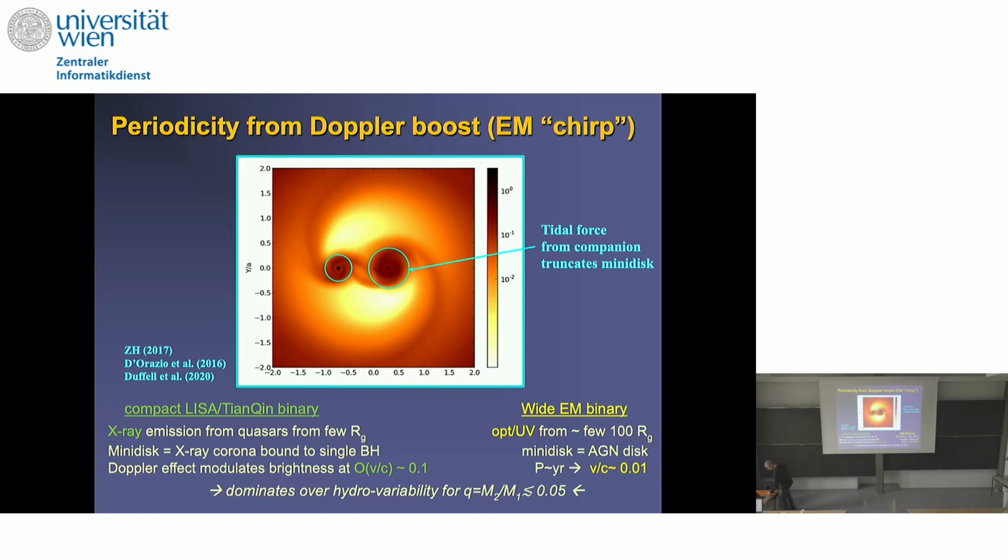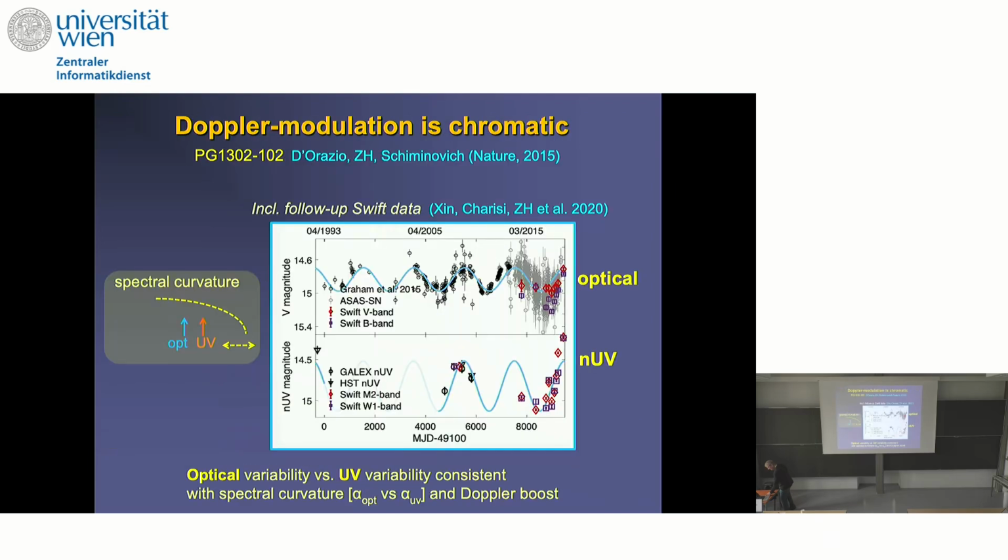The great news is that this effect depends on the spectrum. So this you can actually confirm: if you see a modulation that's periodic, and you find this Doppler modulation, it will be chromatic, meaning the amplitude of the modulation will be different at different photon frequencies.